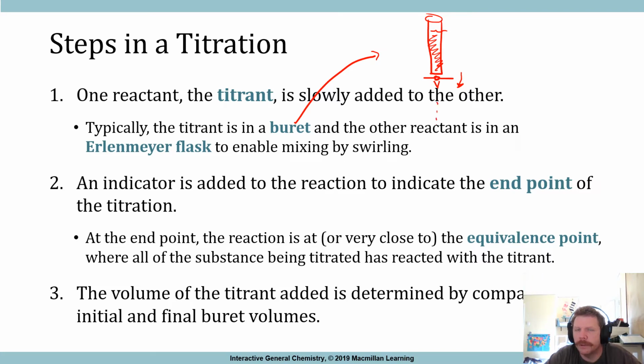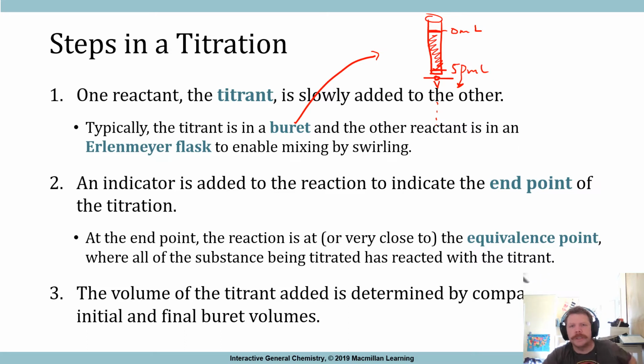Okay, and the most important part of this piece of glassware is you have demarcations along the tube itself. The highest demarcation is going to say 0 milliliters. The lowest demarcation, which is not at the exact bottom of the burette, is going to read 50 milliliters.